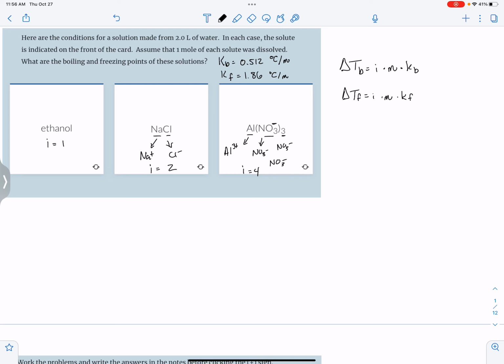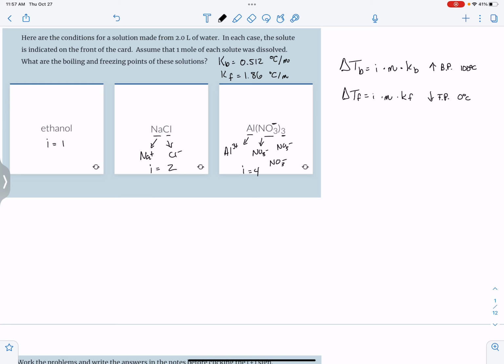But remember that this will decrease your freezing point. If we're talking about water, the freezing point is 0, and this will increase your boiling point, because solutions basically increase that liquid range for temperatures. And so solutions will have values that are higher than 100 or lower than 0.